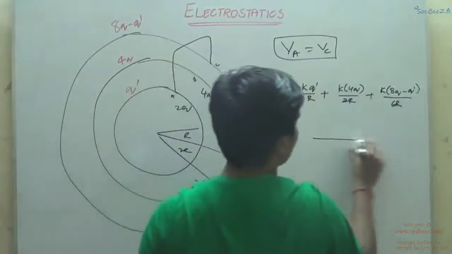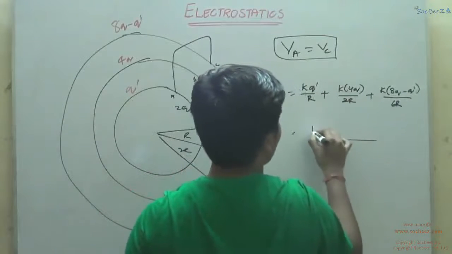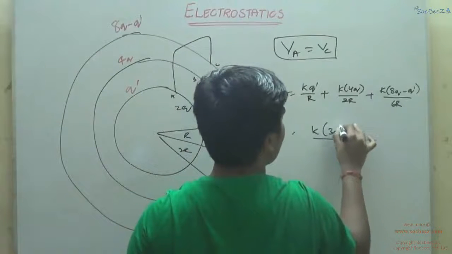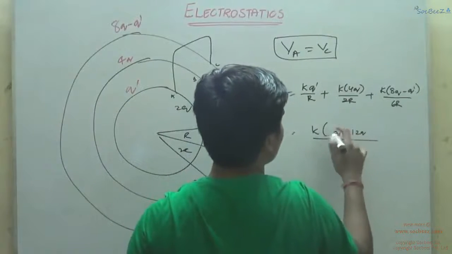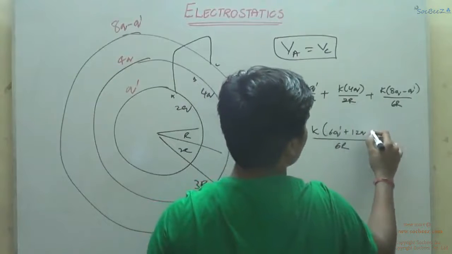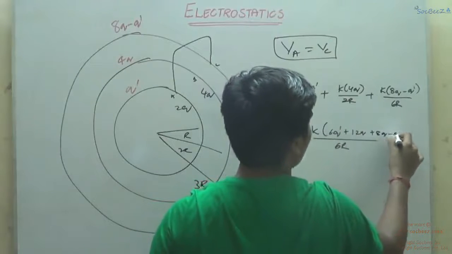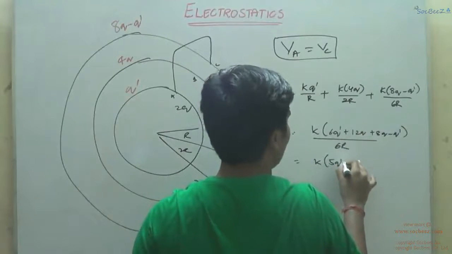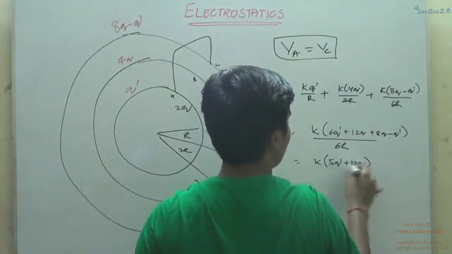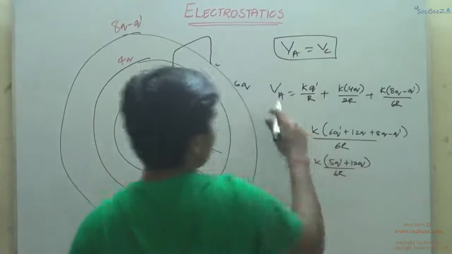So this is equal to k by 6r times 6q dash plus 12q plus 8q minus q dash, which is k times 5q dash plus 12q by 6r. So this is the potential at A.